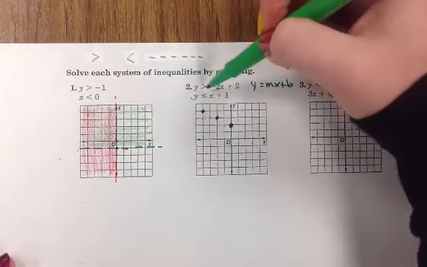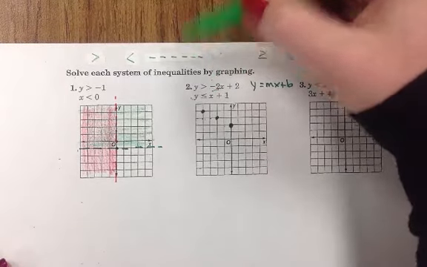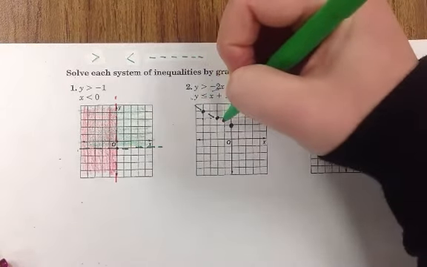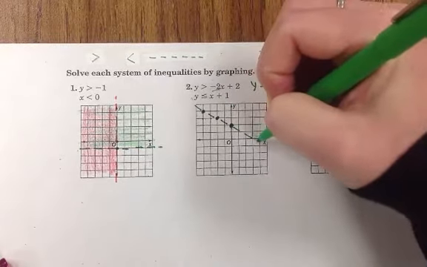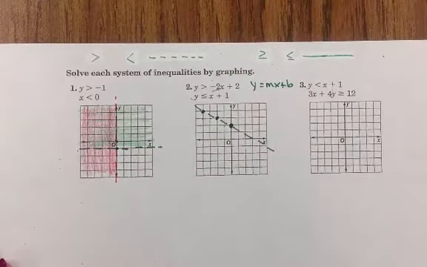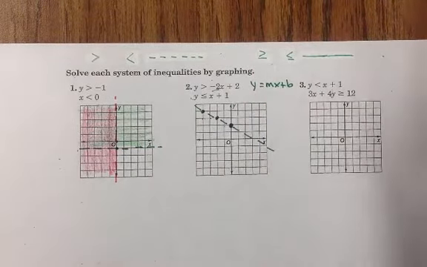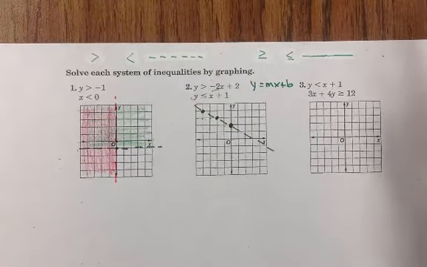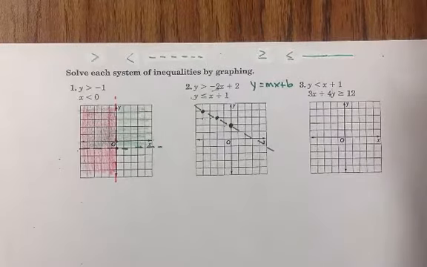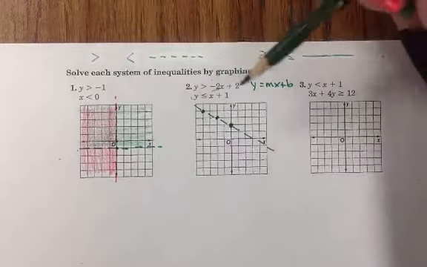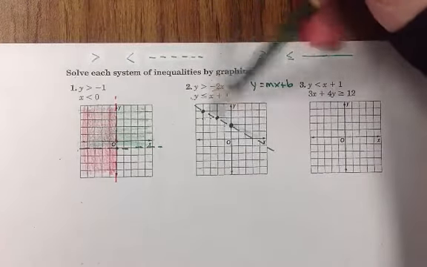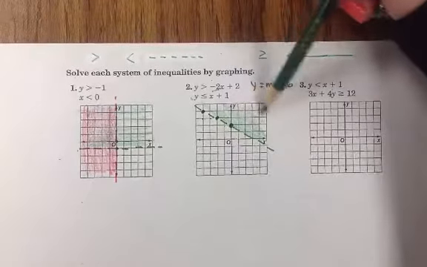Remember, we have a greater than sign, so we need to have a dashed line. And if we have that y is greater than -2x plus 2, are we going to shade above that line or below it? Well, greater than means bigger, so we have to shade above that line.